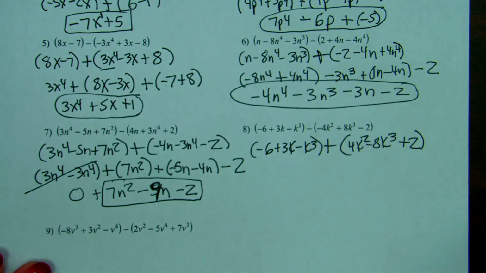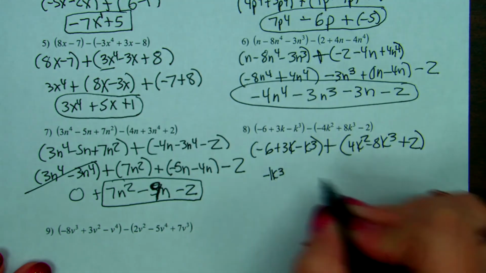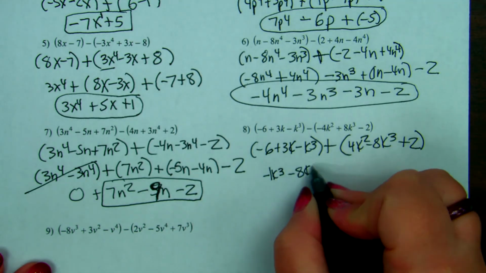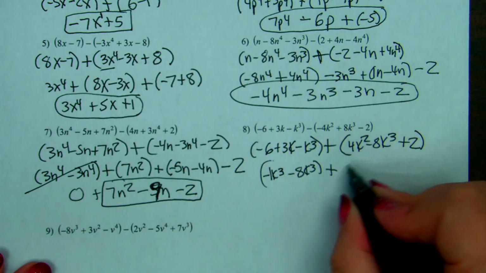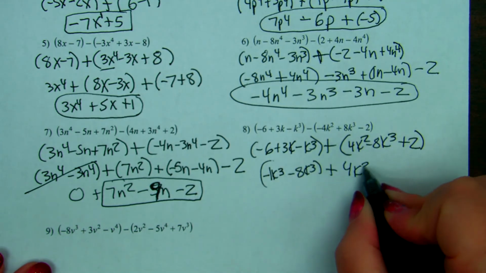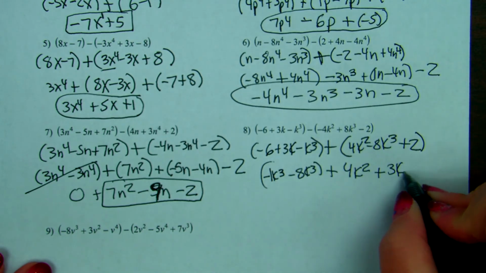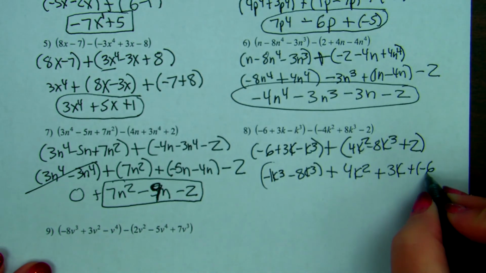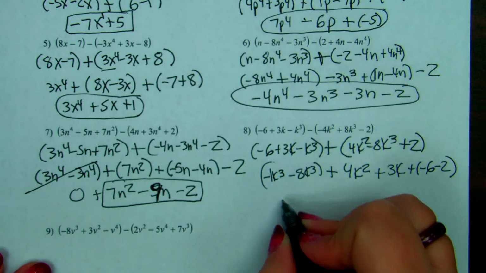The k cubed are the highest, so negative k cubed, and it's 1, negative 1k cubed minus 8k cubed plus 4k squared by itself plus 3k by itself plus negative 6 minus 2. These don't have like terms.